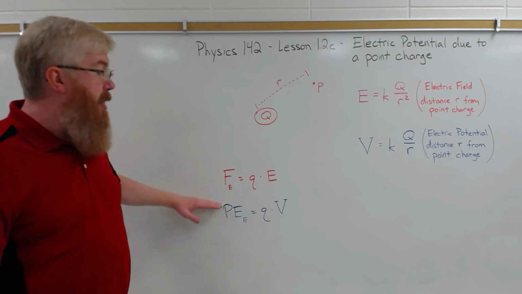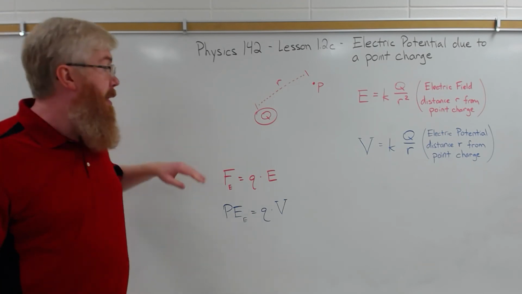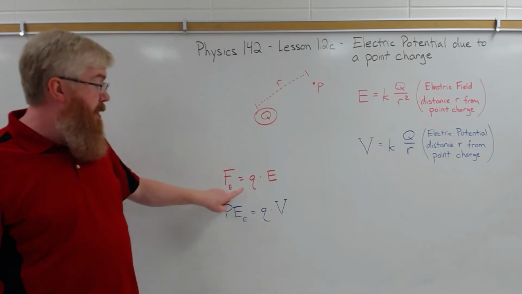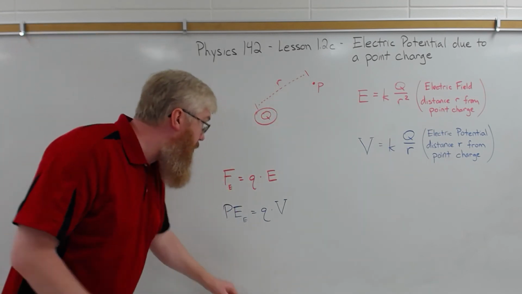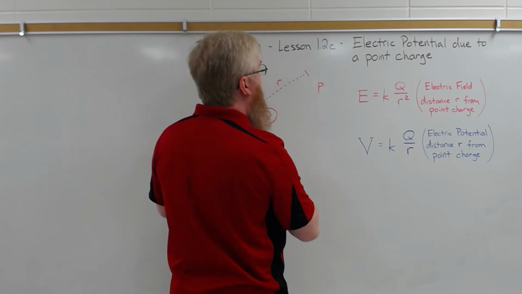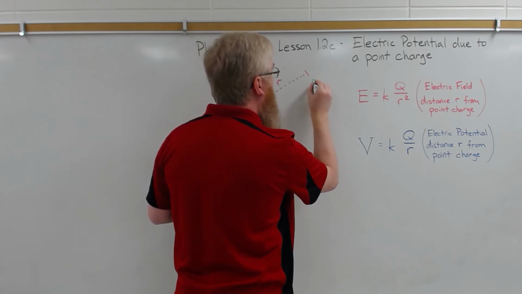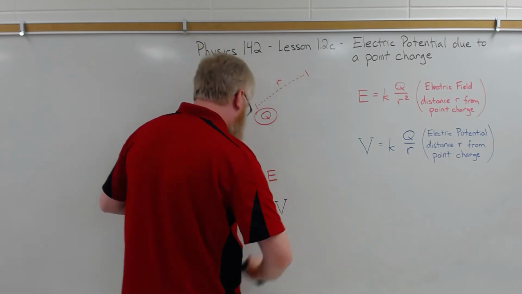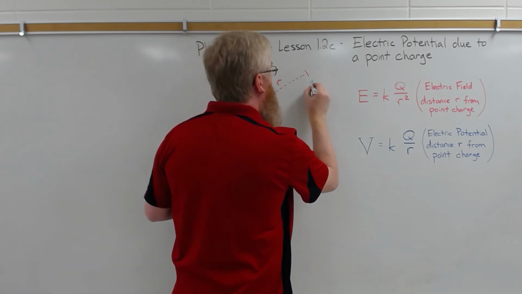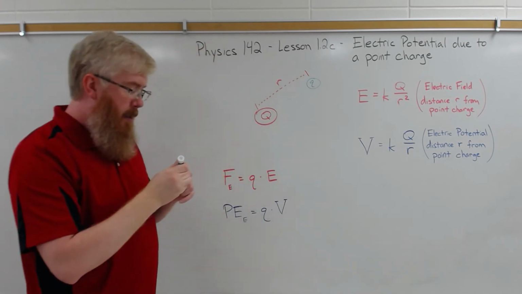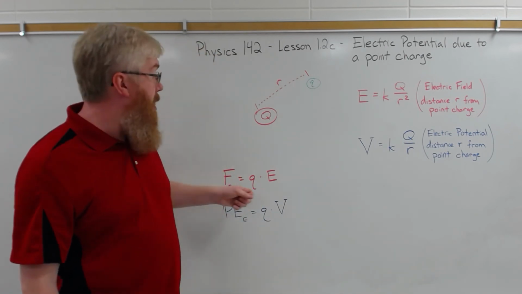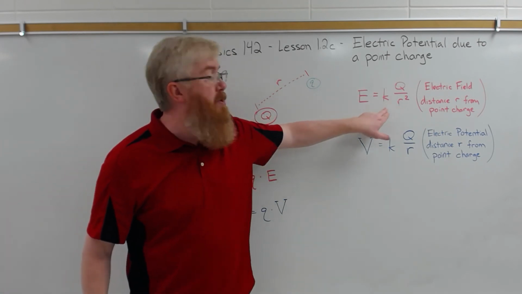Now, these two equations we've talked about before, but I'm just putting them up there as an analogy. The electric field is related to the electrostatic force. You just multiply by the test charge Q. So at that point P, I drop a little charge Q. I can now tell you what the force is on that particle because I know what the electric field is using this equation.